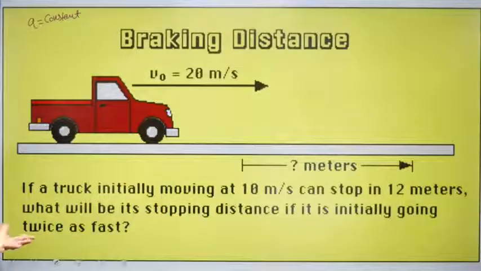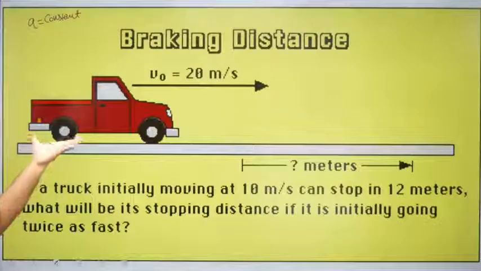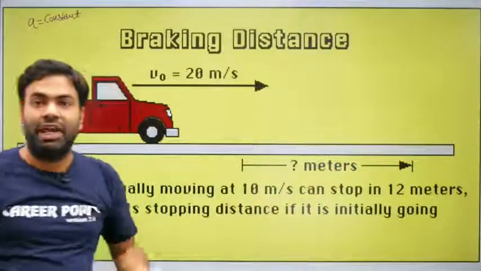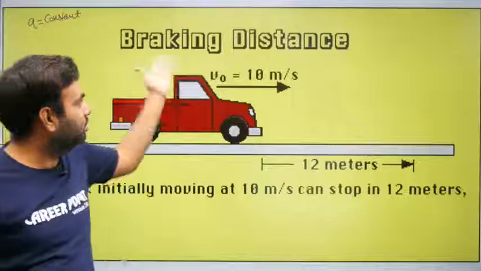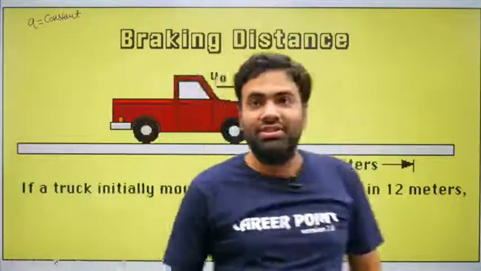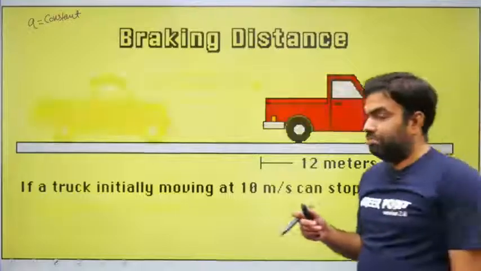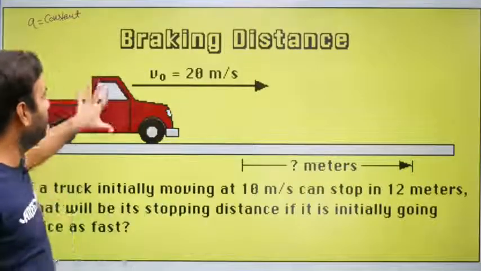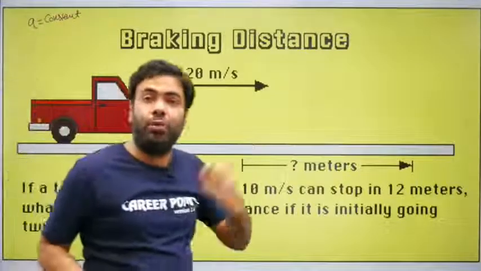So the question may arise, if 20 meters per second is the initial velocity, then how many meters will it take after application of brake to stop? This kind of braking distance question the exam may ask. So you should know the concept that during the braking, acceleration is constant and it is in backward direction.